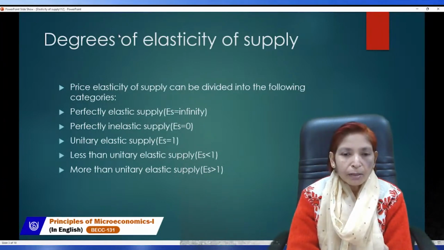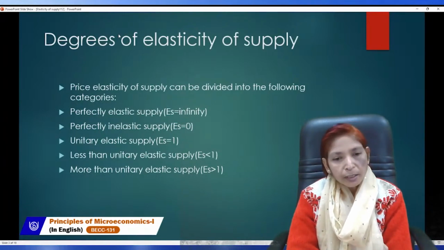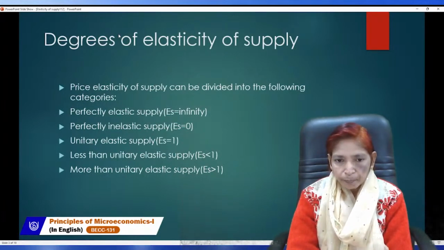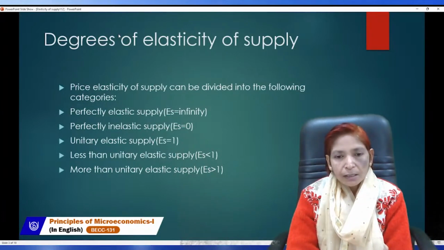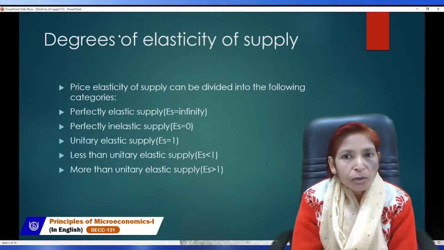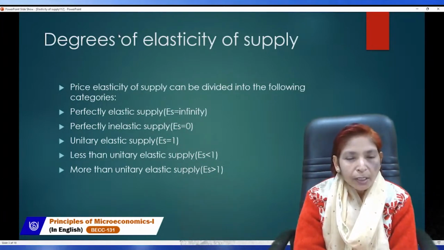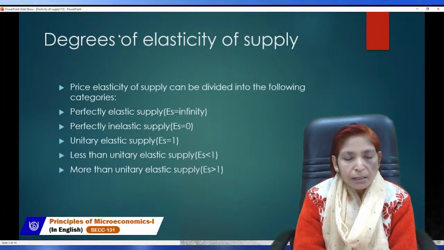Then it will be called greater than unitary elastic supply. We can write it in this form: ES will be greater than 1. So these are the degrees of elasticity of supply. Each and every degree we can represent with the help of a diagram.